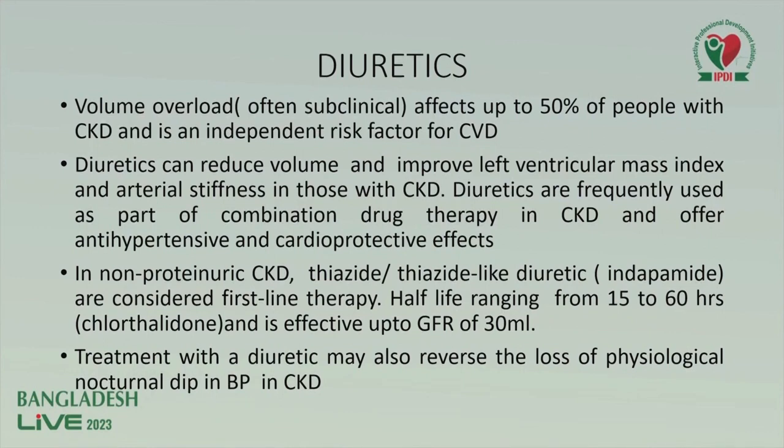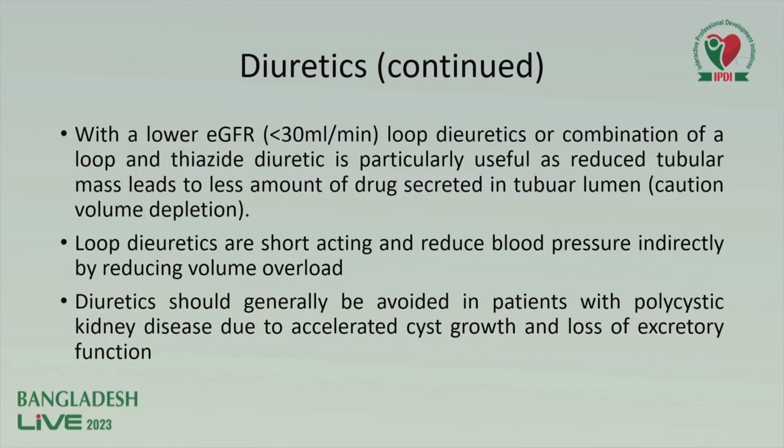Diuretics is a very important agent in managing hypertension, and because many of the CKD patients are volume overloaded, they reduce the volume and arterial stiffness. When the renal function is relatively better, thiazide type diuretics can be used, but as the GFR declines, loop diuretic should be used, and the combination can be used as well.